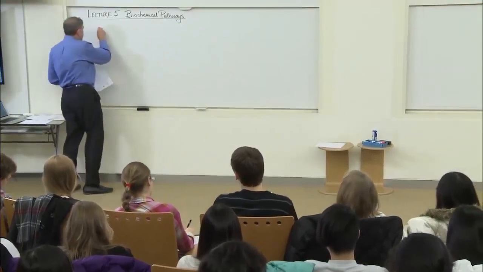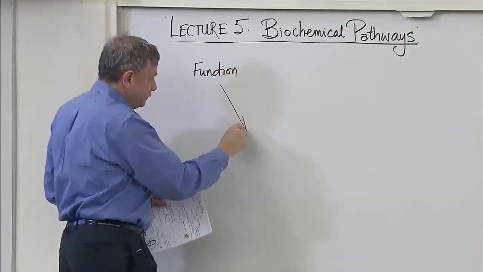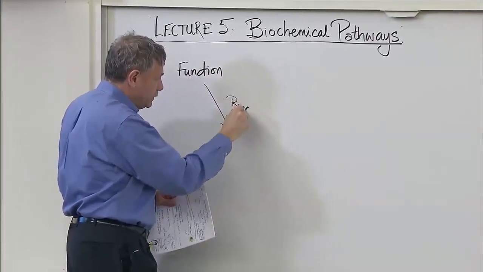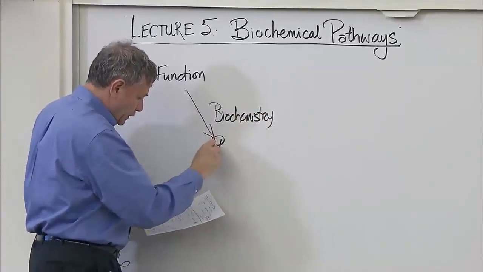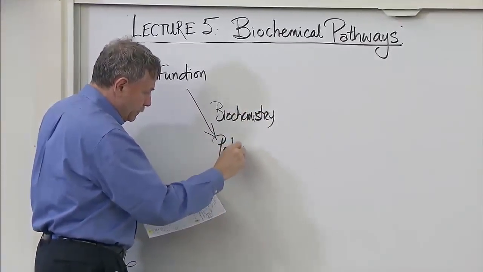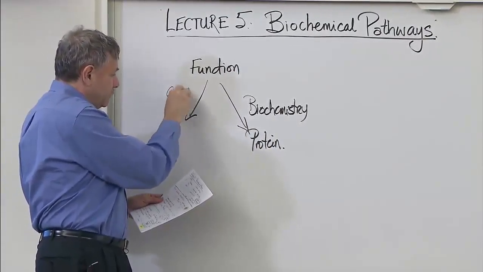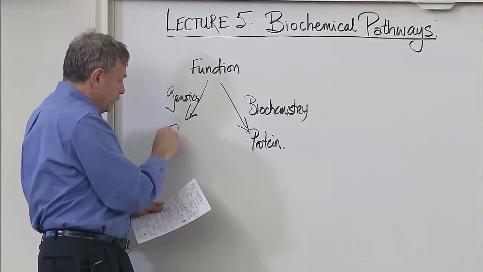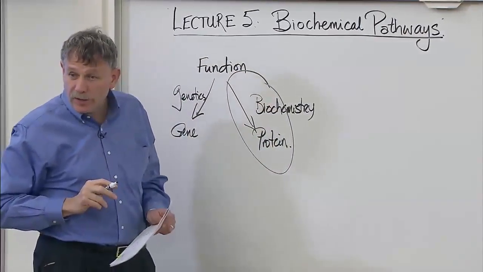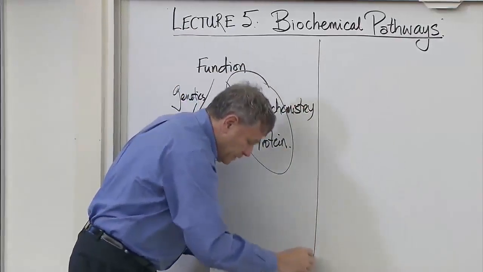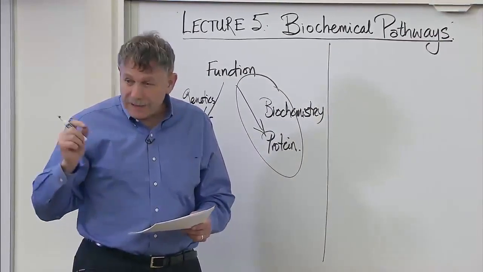As always, we're obliged to put up the coat of arms here. Function, biochemistry, protein, genetics, gene, and we're still over here working on the first part. So we've got protein structure under control. We've got the amino acids.